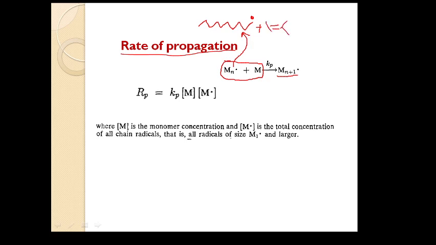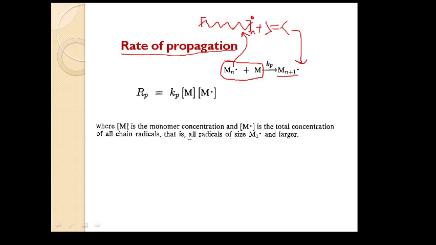So this chain will contain n number of monomers, and to that, one more monomer M gets added, and there is a formation of Mn plus 1. So here we get this product Mn plus 1.